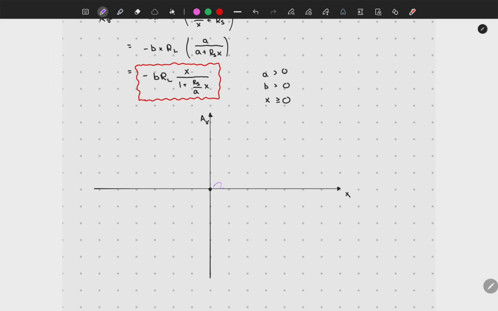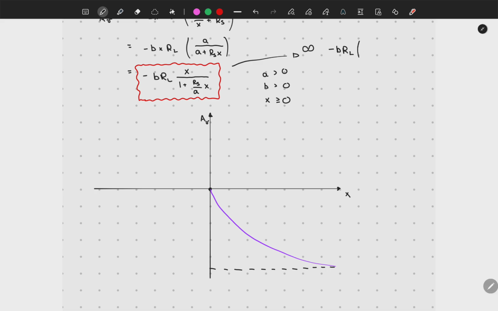Let's just start drawing it. And then we'll see how it just goes something like this. And then as it goes to infinity, so this point right here, as X goes to infinity, we're going to have, by limit theorem, negative B RL.